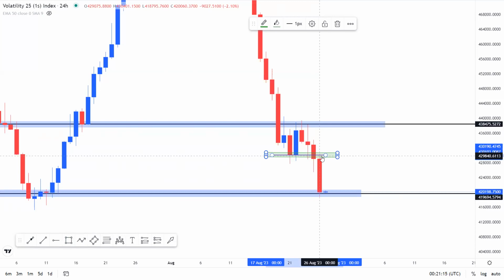for entry criteria. You have to understand that your best chances of getting the higher probability trade signal would be scanning through every one of these lower time frames, anywhere from the 1 hourly time frame.